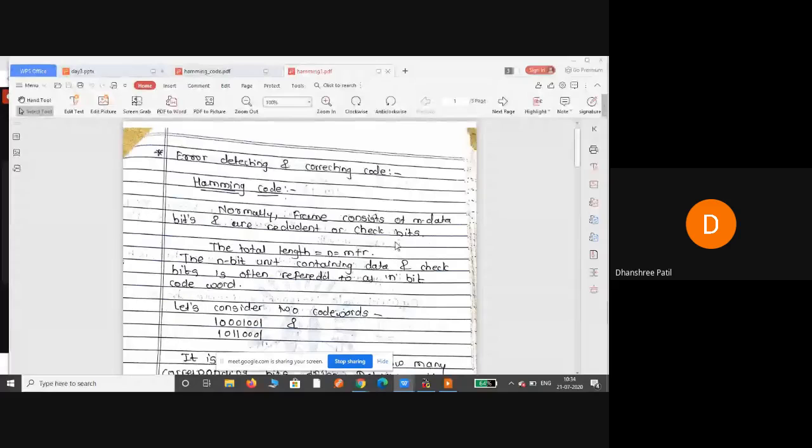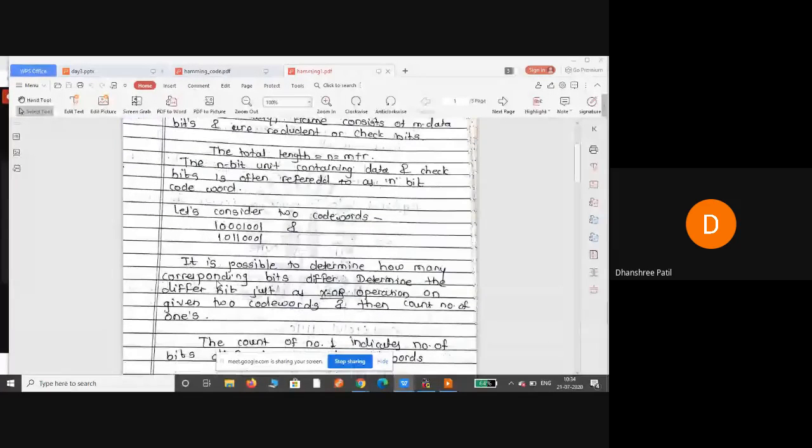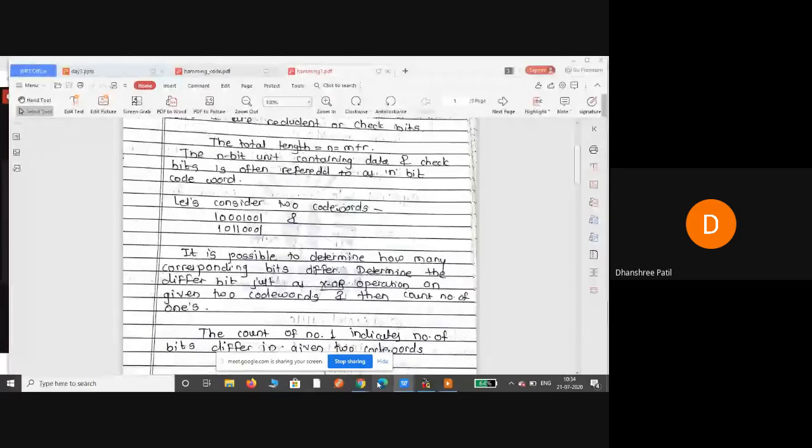Now there is one more concept, and the whole data is called a code word. With the help of these code words, I can check how many bits actually differ at the receiver side in two code words. Suppose these are the two frames I'm getting after applying the algorithm. Suppose I perform the XOR operation; whatever answer I get will be my Hamming distance.